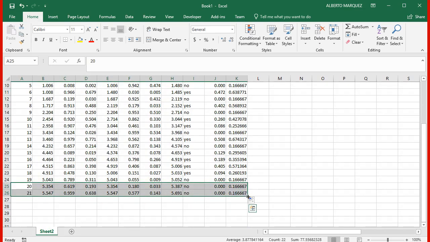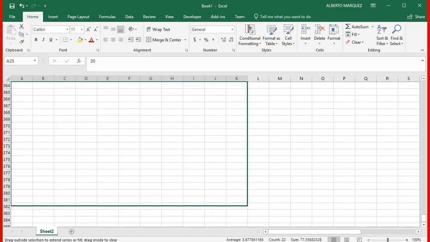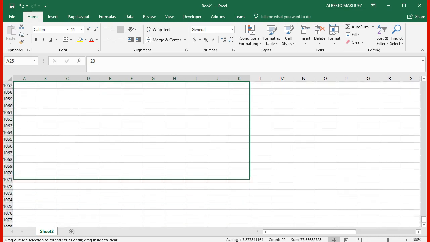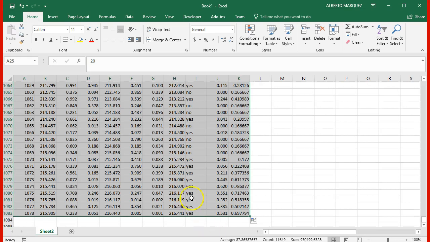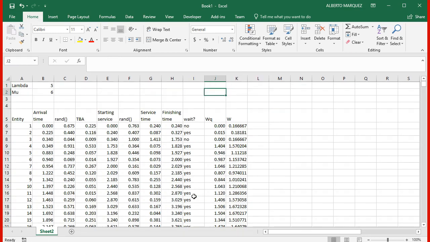In order to make it more representative, let's compute a few hundreds of these. Say, for instance, just a little bit over 1,000. And now we can compute the average of these columns.